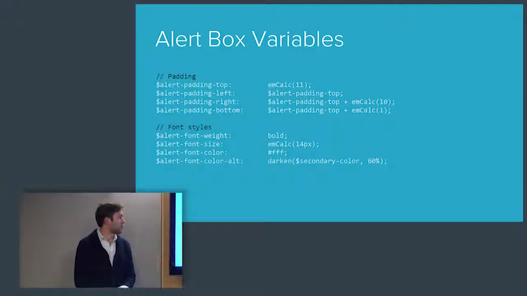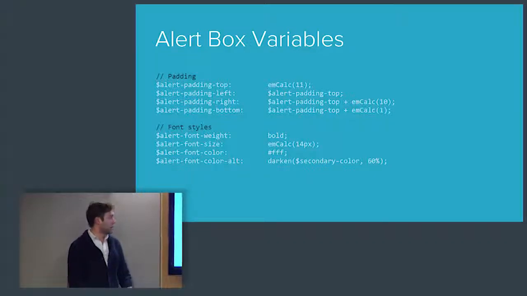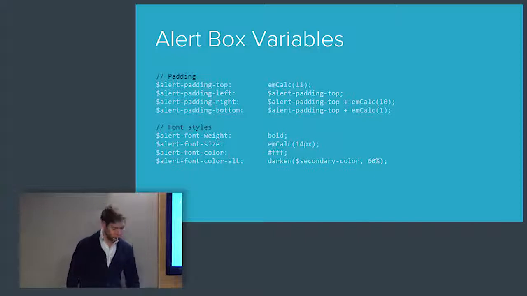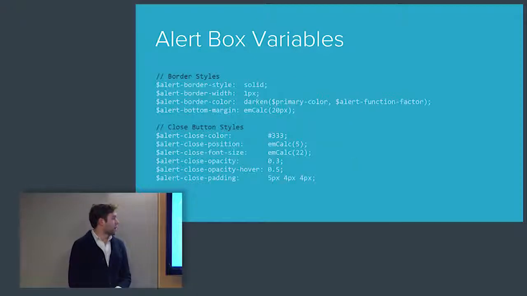Again, we have a number of variables available for alert boxes. It's similar to buttons. Border, font styles. We also have close button styles, which we'll look at in a minute. You can add a little X to close the alert box as well.